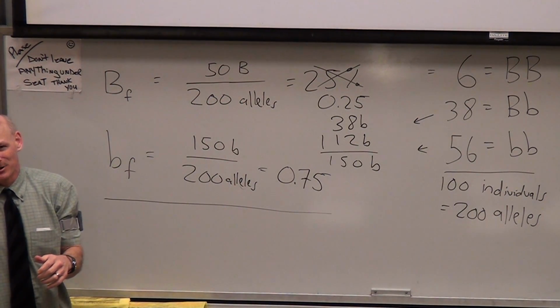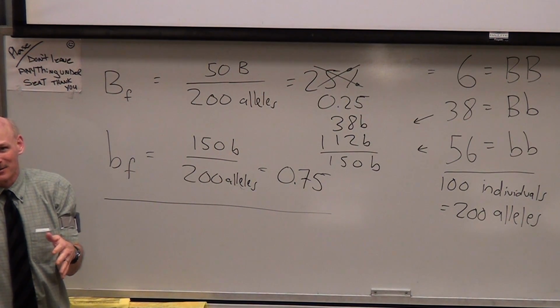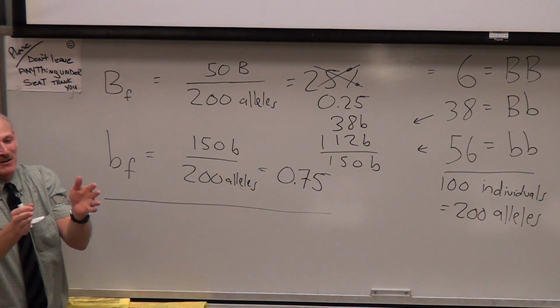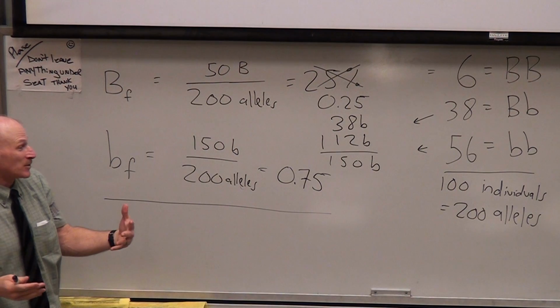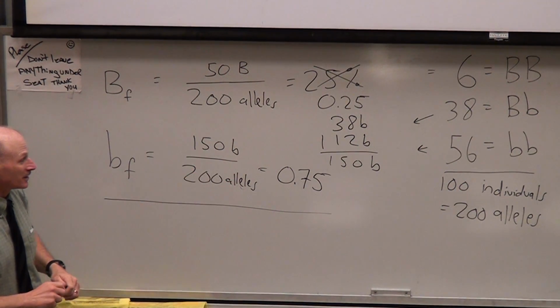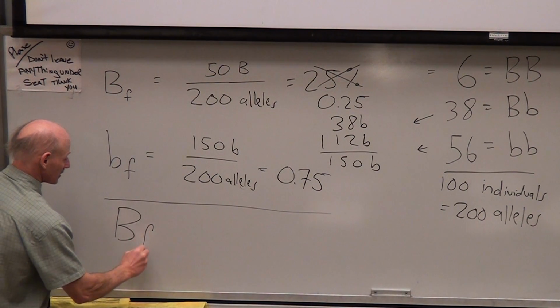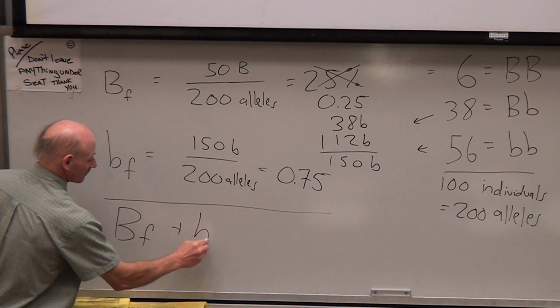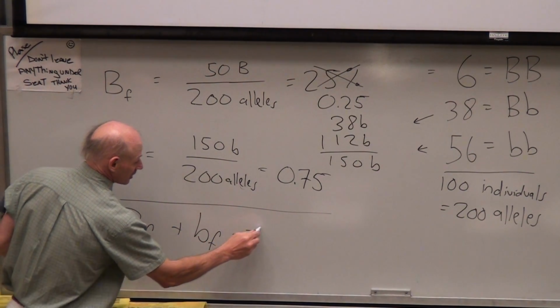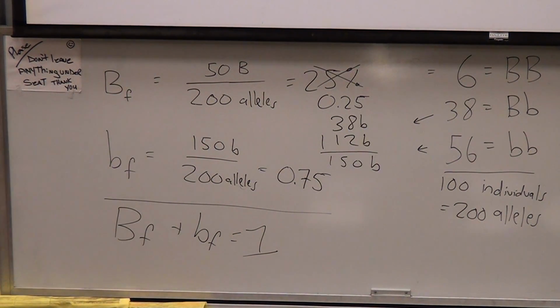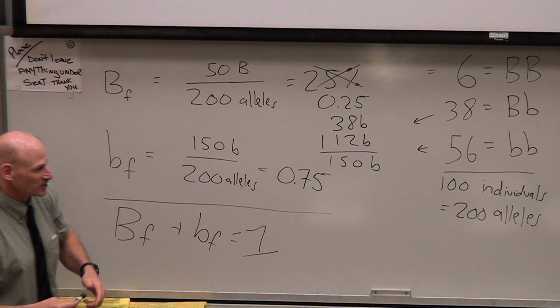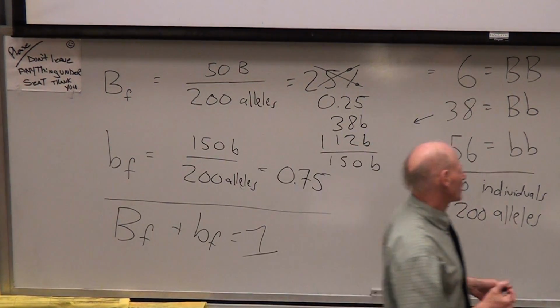Just like in this classroom, everybody's either male or female, and so we might total up how many of each, but that has to add up to 100%. It has to add up to 1, so to speak. So the frequency of the big allele plus the frequency of the little allele is always going to come out to 1. Like the percentage of males and the percentage of females in any room is always going to come out to 1.